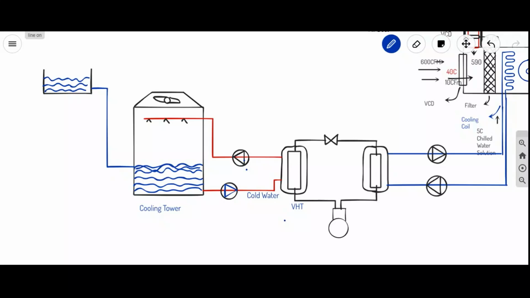Previously we used to use air, right? Now we are using cold water. How do we supply? By using a pump. We call them condenser pumps. These pumps.